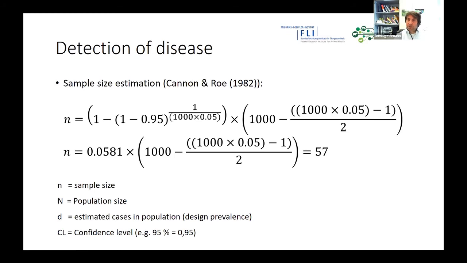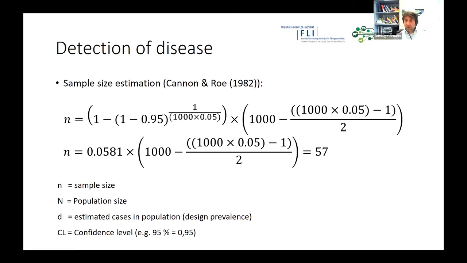So what does that mean? You take 57 samples, and then you are sure that when all samples are negative, with 90% confidence level, you are sure that the prevalence is below 5%.